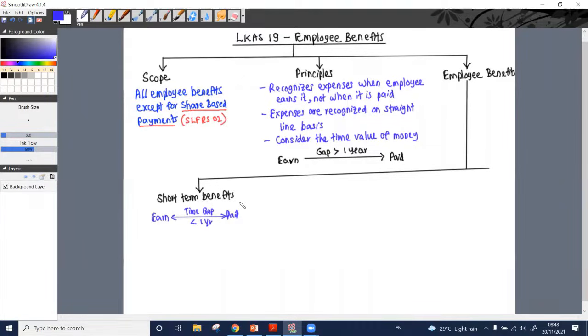Sick leaves are short-term benefits. What else?